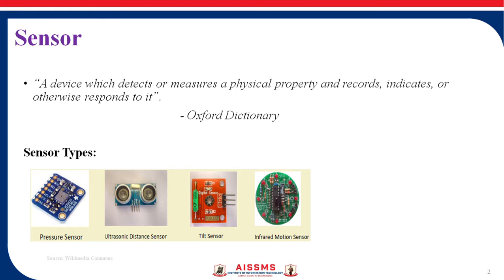Another way we can define it: a sensor detects or senses changes in the ambient conditions or in the state of another device or a system, and it forwards or processes this information in a certain manner.